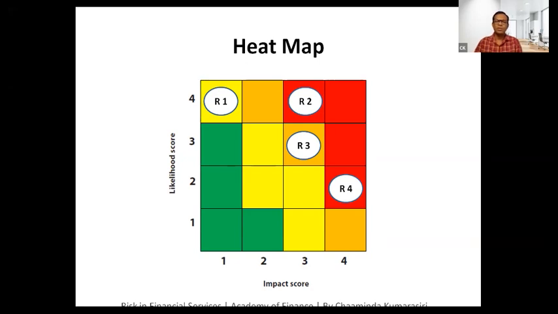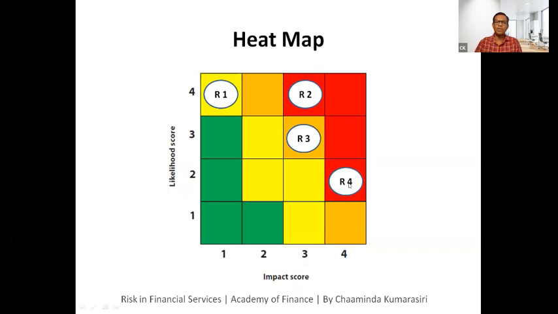Then we calculate the risk score. That's how we get the heat map, because this risk score, once you calculate, will give you a number value. So based on the overall thing, you can have a range. What are the different risks? According to this, you have different levels.